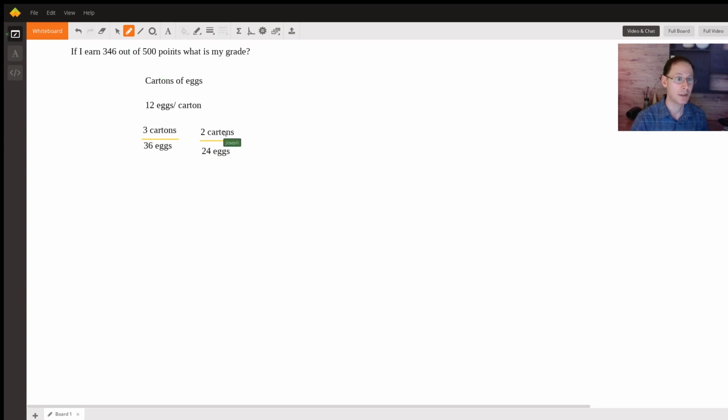The thing about this is that we can simplify both of these, and what we're always going to end up with is a 1 to 12 ratio of cartons to eggs. And so we would say that these values are proportional.